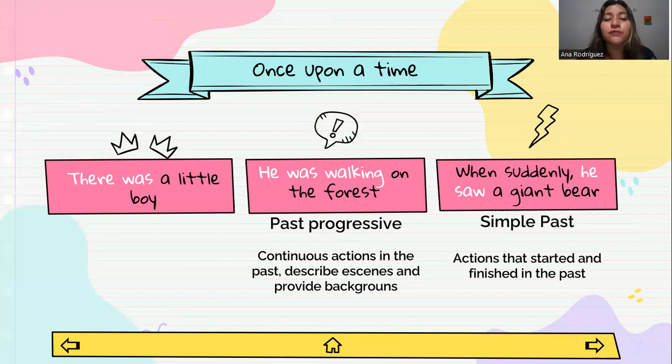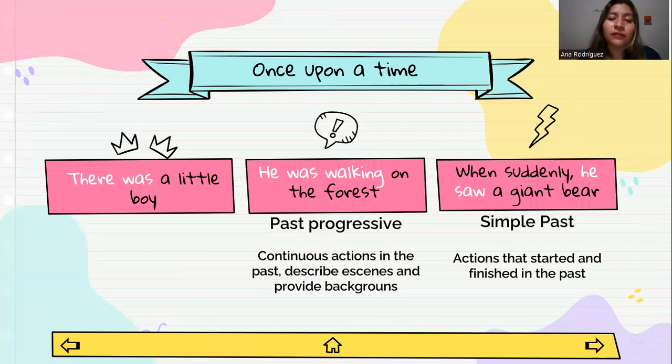They also help us to describe scenes and provide background. And we use simple past when we want to emphasize actions that started and finished in the past. So we use past continuous, remember, for continuous actions in the past, okay?